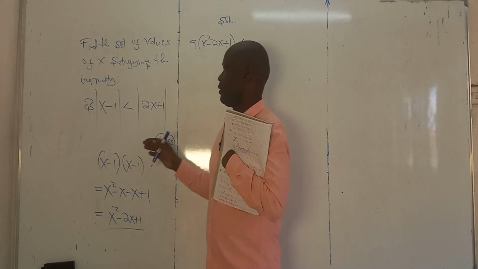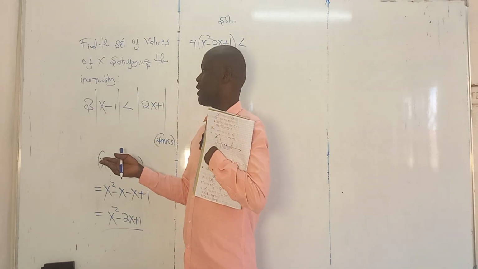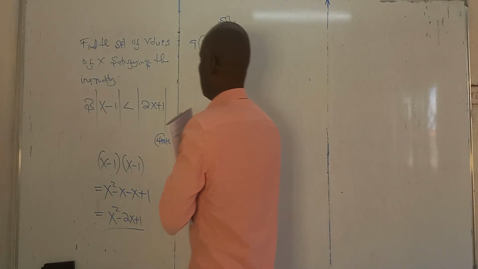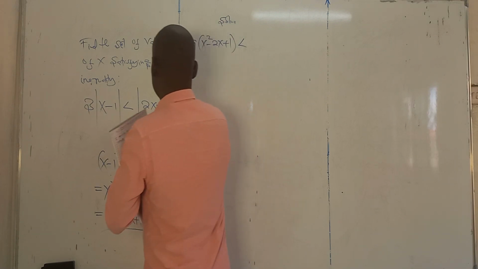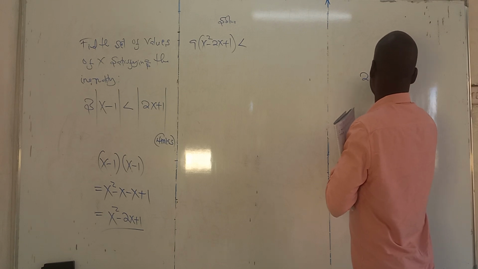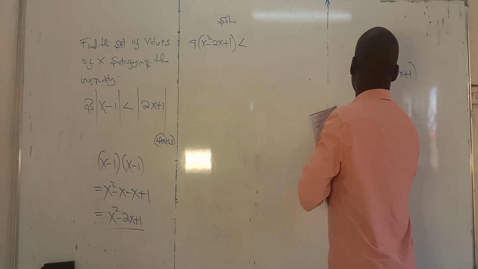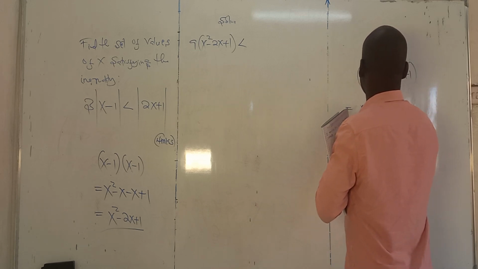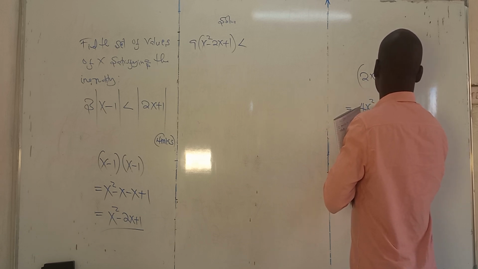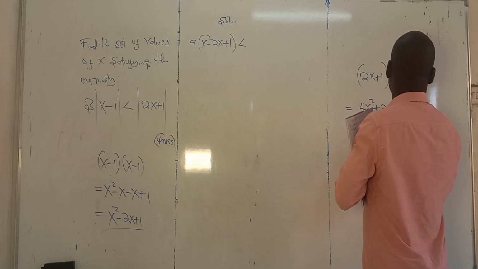Squaring should ensure that if we had a negative, by squaring we eliminate the negative, and that takes care of the modulus bit. Then I come here and square this. I'll have 2x plus 1 into 2x plus 1, which gives 4x squared plus 2x plus 2x plus 1.